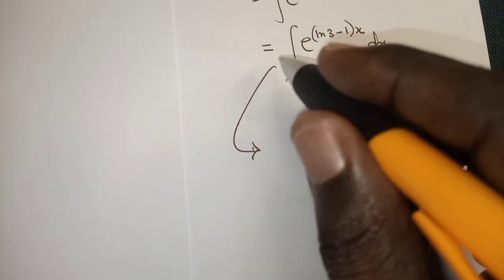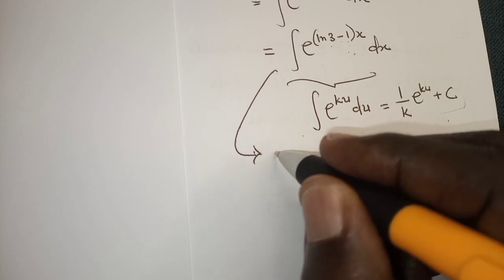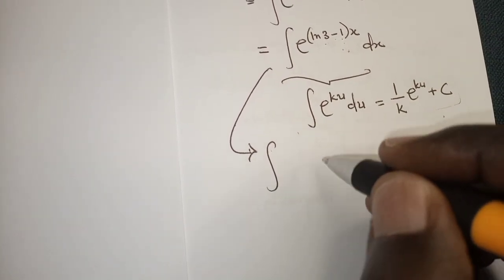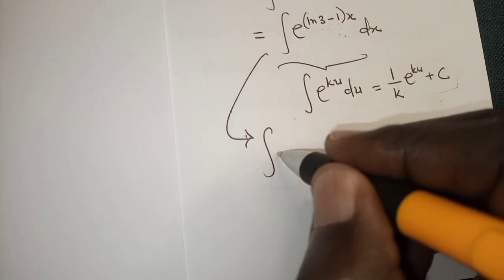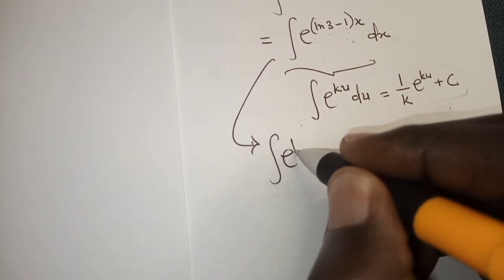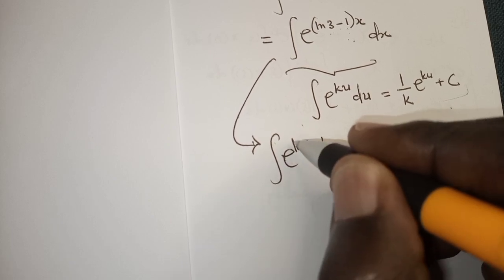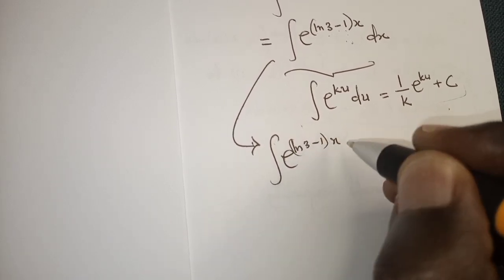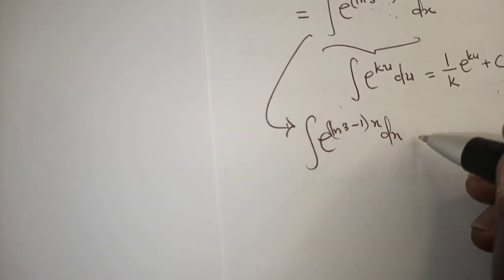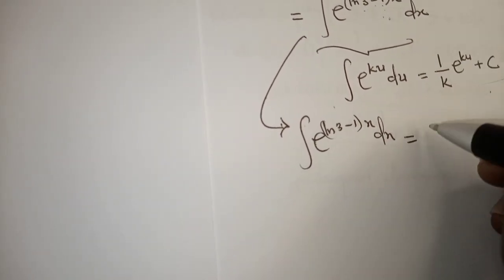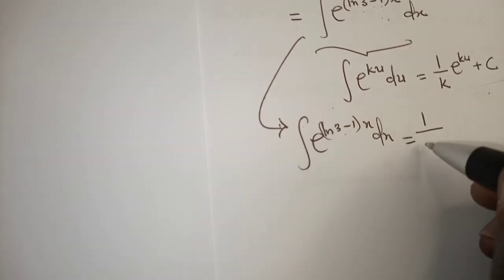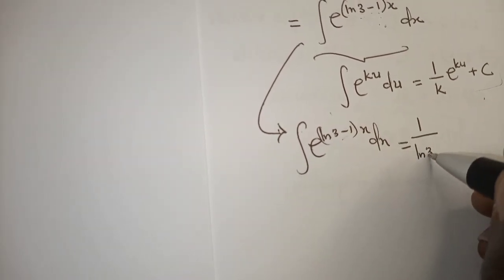So we have the integral of e exponent ln 3 minus 1, I'm rewriting it, x dx. So that should be equal to 1 on k, so the k is this: ln 3 minus 1.